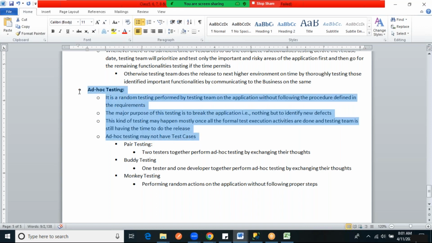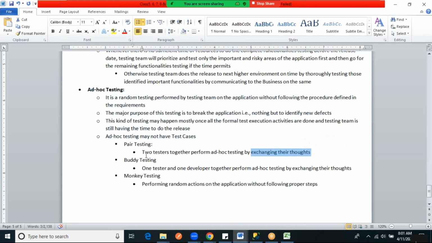Your lead's intention is that if two people are testing, they can share their thoughts and test differently, and the quality of the feature will be better with four eyes instead of two. That is also pair testing. We use this in a generic way, or it can also be used as an ad hoc testing classification.